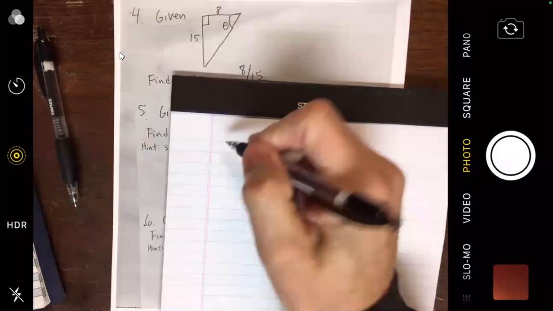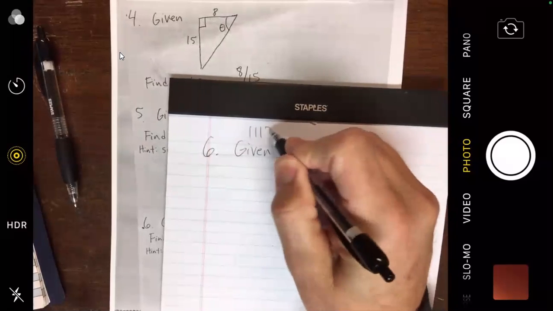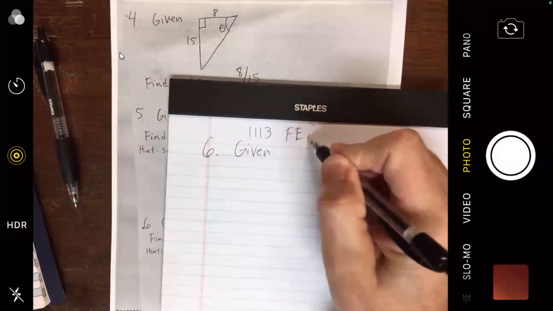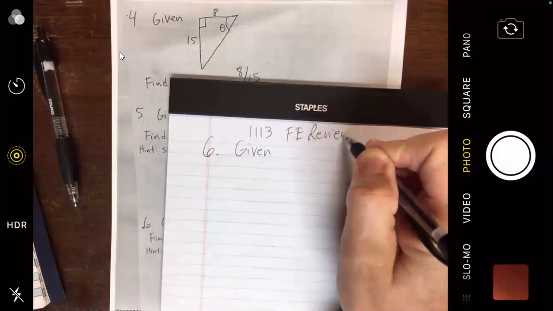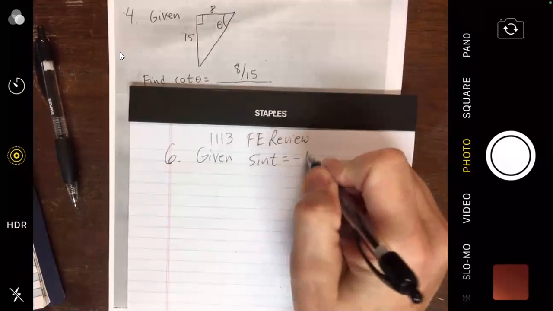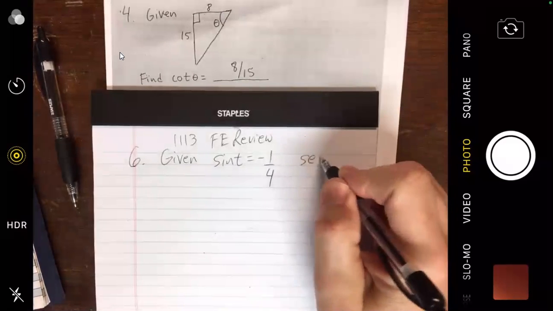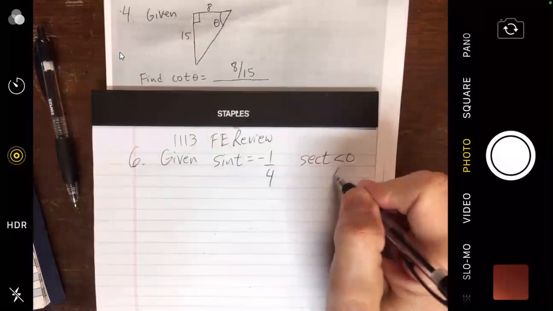So, given the 1113 final exam review, that sine of t is negative 1/4, secant of t is negative, which means negative.